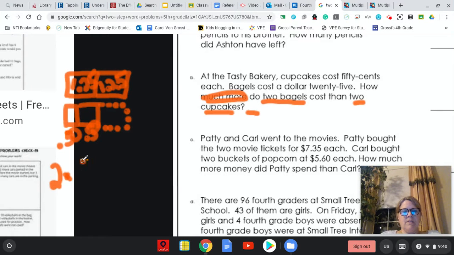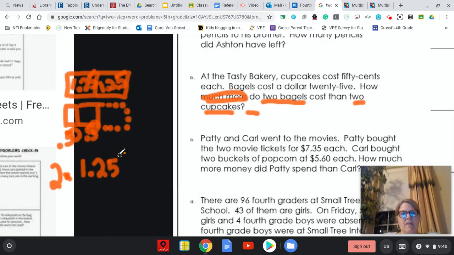So my equation is going to look like 2 times $1.25, because I've got that twice, right? That's my first thing I have to do. And then after I do that, I'm going to subtract the cost of 2 cupcakes.